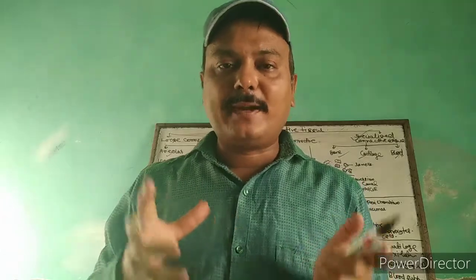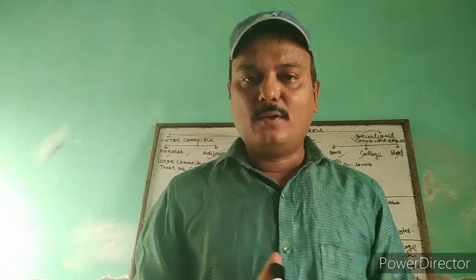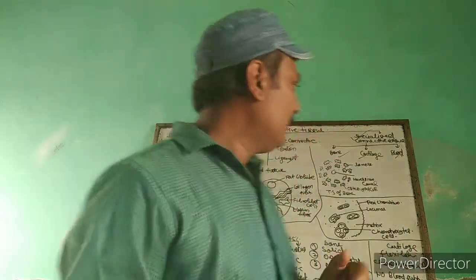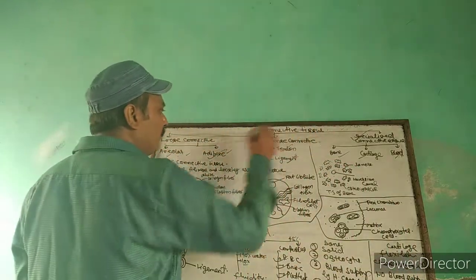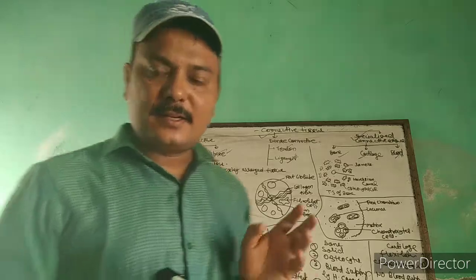Suppose you are giving any injection or any medicine, then this medicine will spread throughout your body by the blood. Fourth function, blood provides immunity to your body, because it contains WBC. Okay, so 4-5 functions of blood we understood here. So now connective tissue is over. Next tissue we will understand is muscular. Okay.